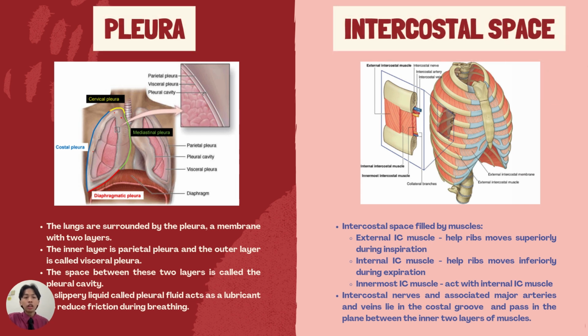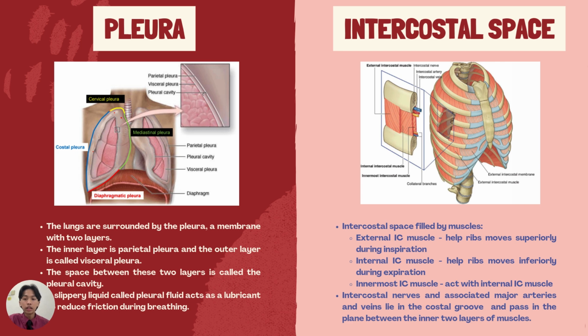So, moving on, the lung is surrounded by a double-layered membrane called the pleura, which plays a crucial role in respiratory function. The parietal pleura is the outer layer, while the visceral pleura is the inner layer.